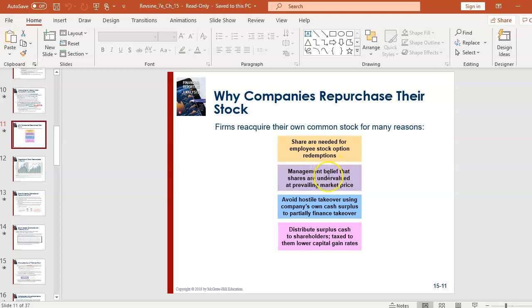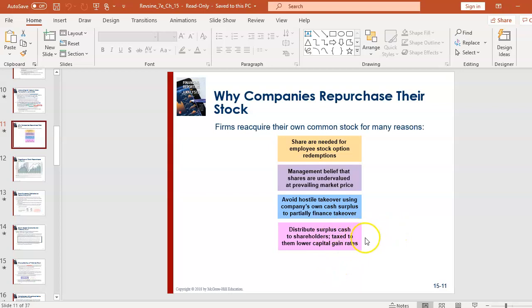You're worried about a takeover, and the fewer shares that are out there on the market means it's harder for somebody else to buy enough shares to influence the board of directors to potentially take you over. And then distribute surplus cash to shareholders.